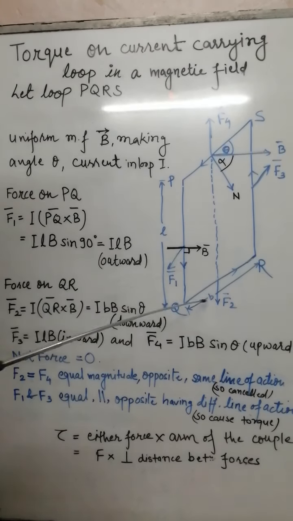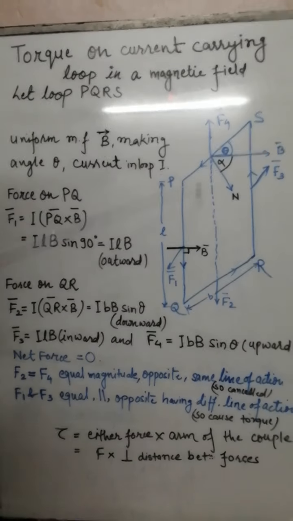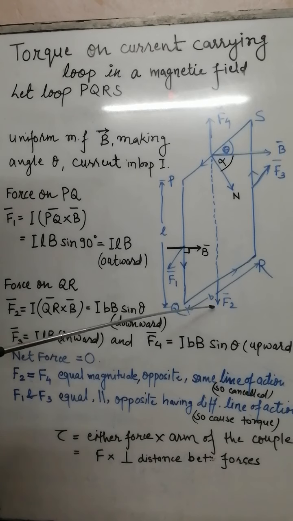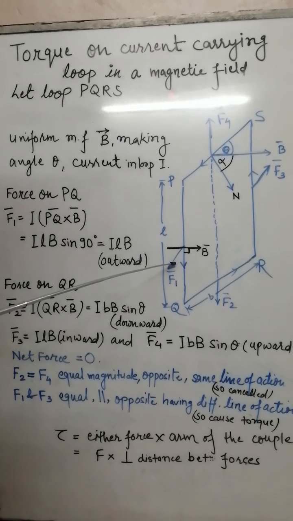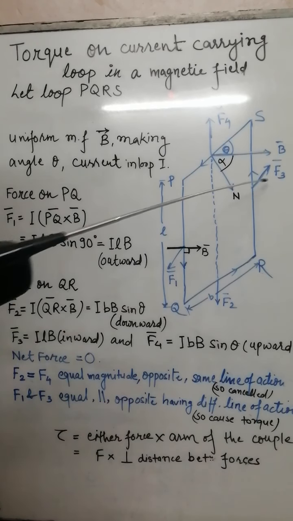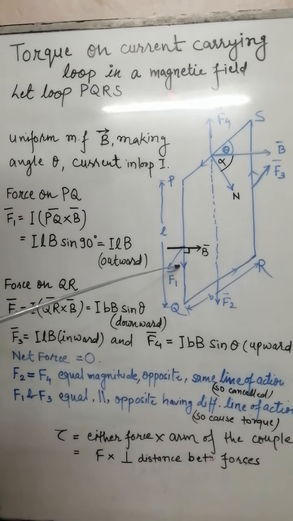Now you see four forces F1, F2, F3, F4. Out of these four, F2 and F4 are equal and opposite to each other. F1 and F3 are equal in magnitude, but they are not opposite, you can say, acting parallel to each other. So net force acting on this loop is 0.